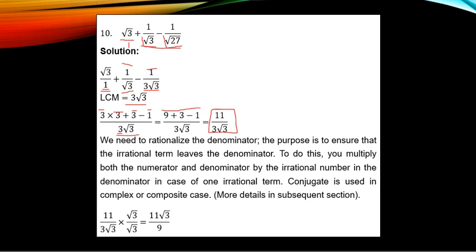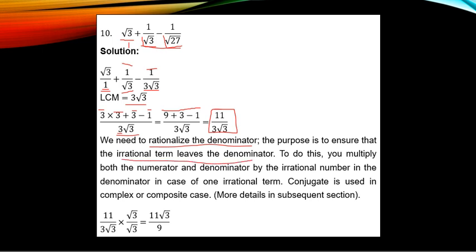So anytime we divide fractions, we always try to remove the irrational number from the denominator. That is what we call rationalizing the denominator. When we get to division, we will explain it better. Okay, so the purpose is to ensure that the irrational term root 3 leaves the denominator.